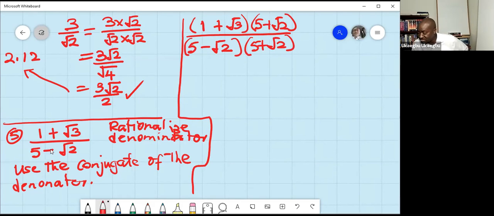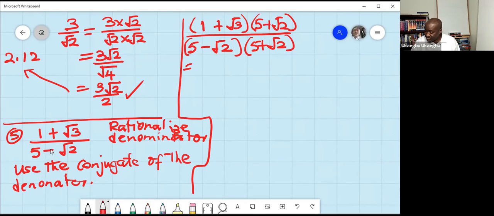This is how you begin to simplify. So let's move forward and simplify this.